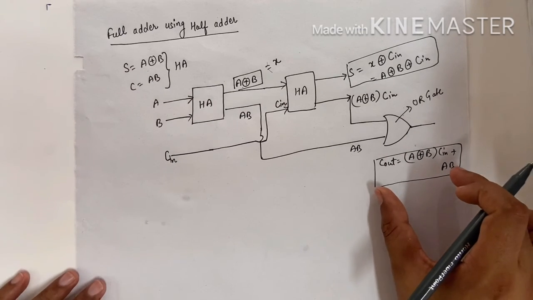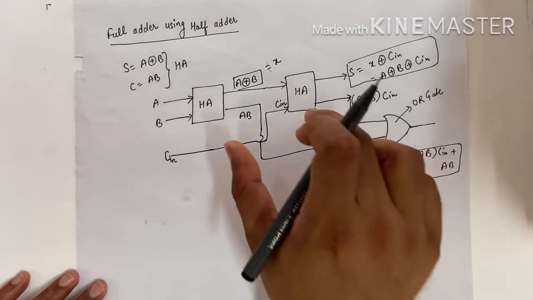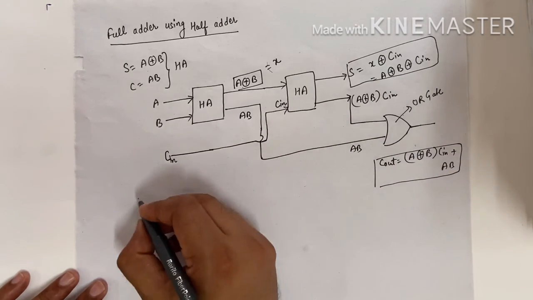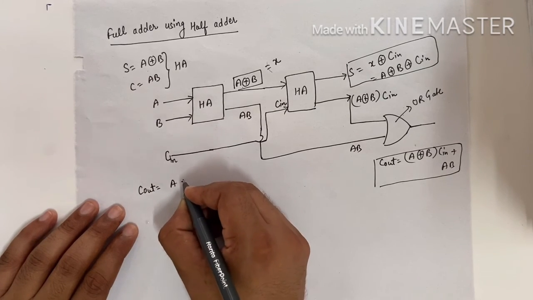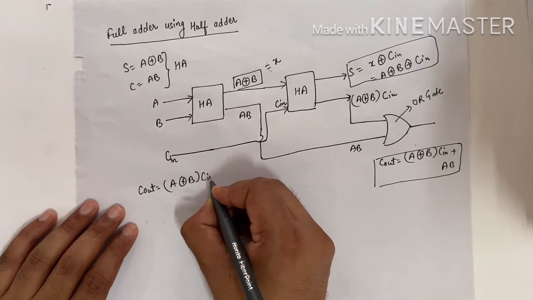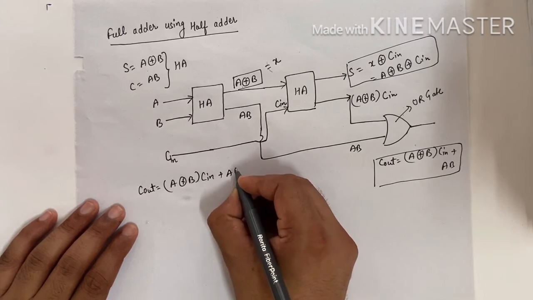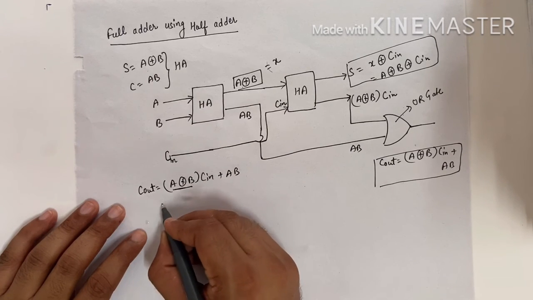Now you have to verify whether this is the result of carry of full adder or not. So we can write expression C output here. Suppose this is the A XOR B C input plus AB. Now we have to apply the XOR condition.